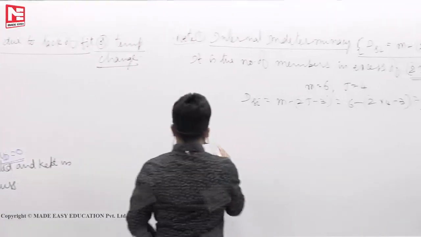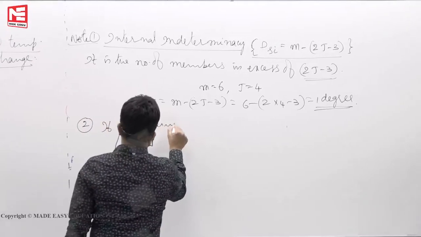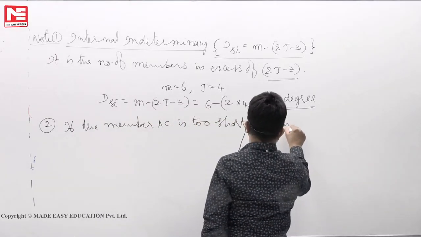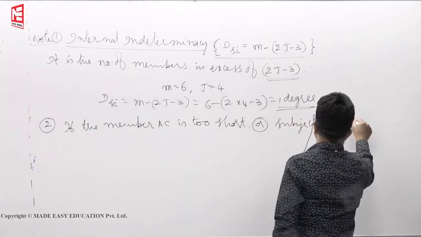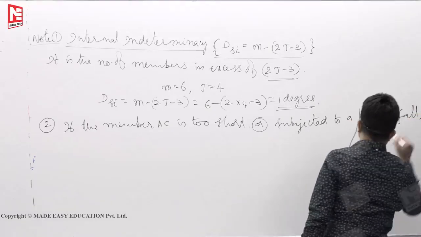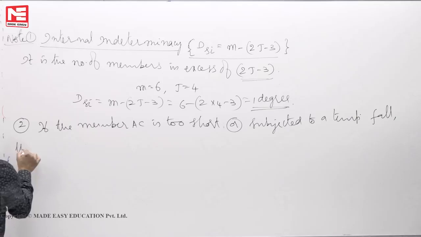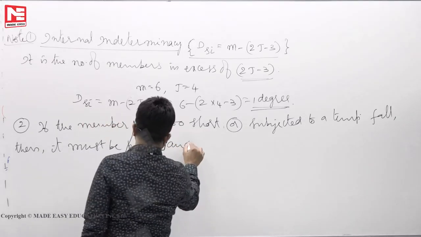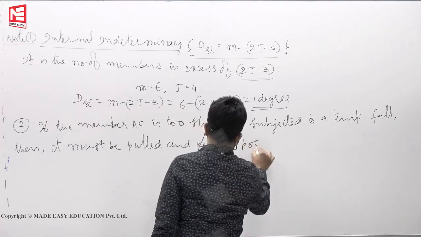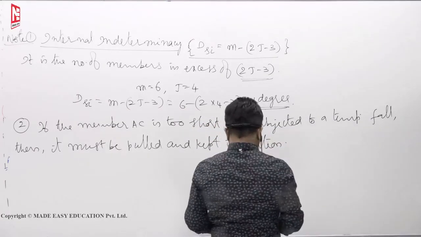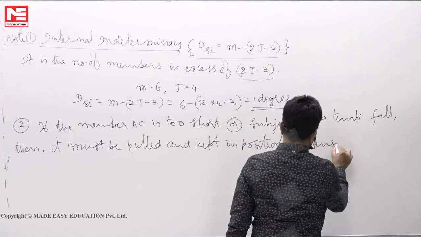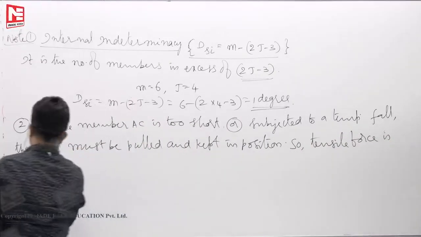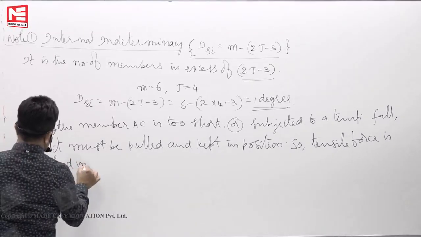So we will write the second point. If the member AC is too short or subjected to a temperature fall, then it must be pulled and kept in position. So tensile force is developed in AC.